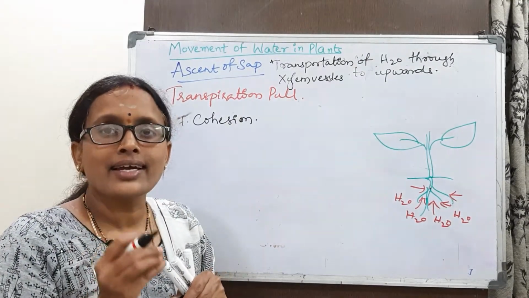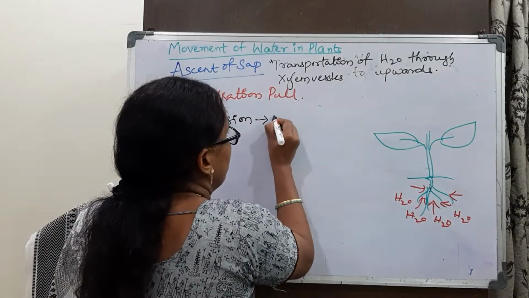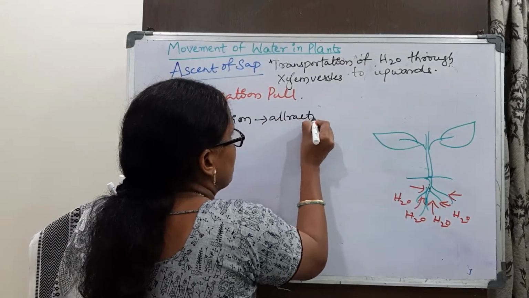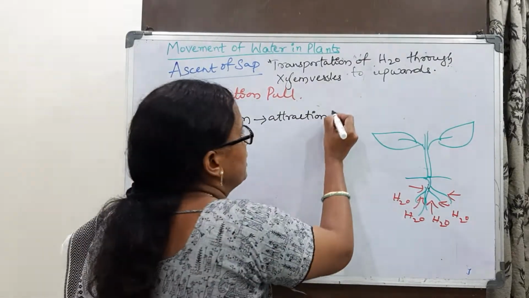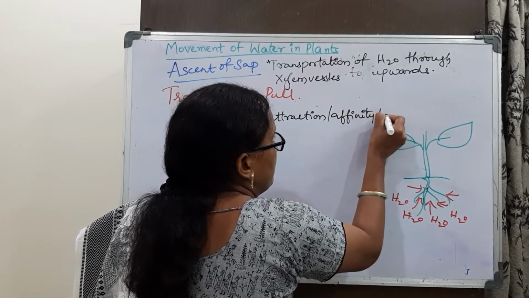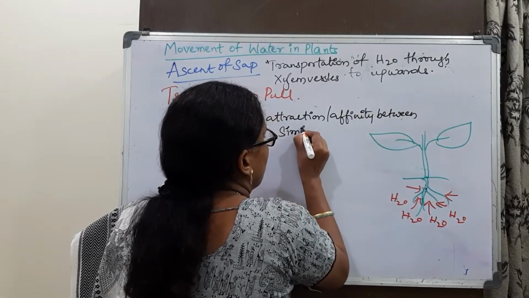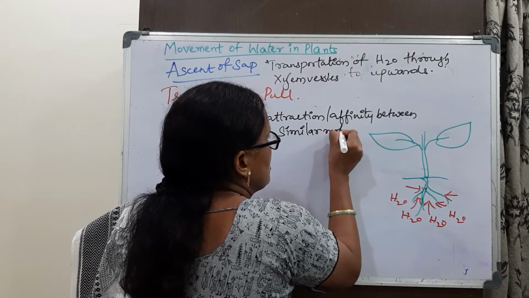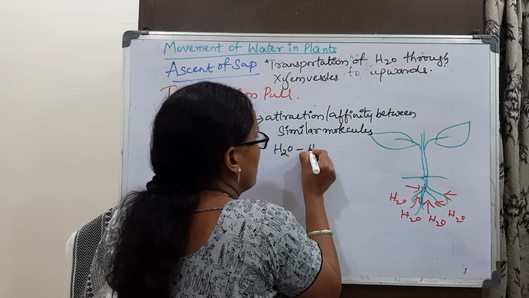Cohesion means attraction, or affinity, between similar molecules, for example, water and water.